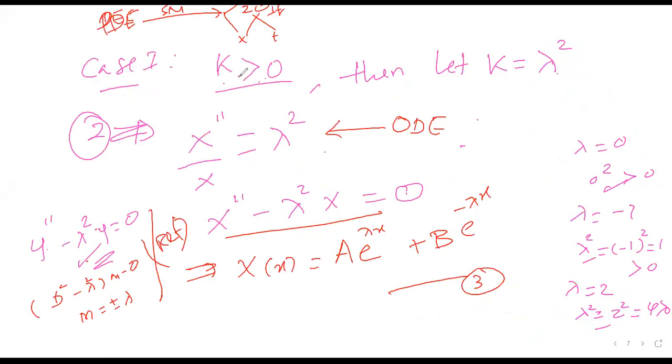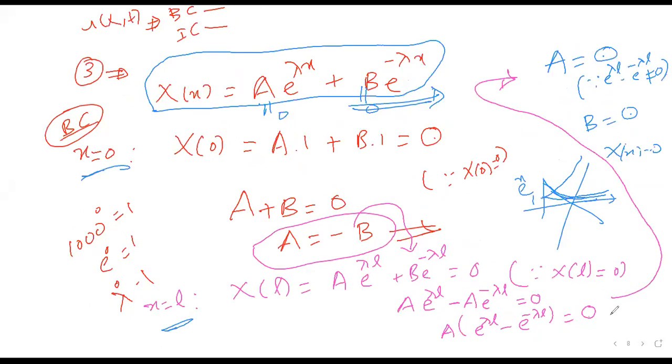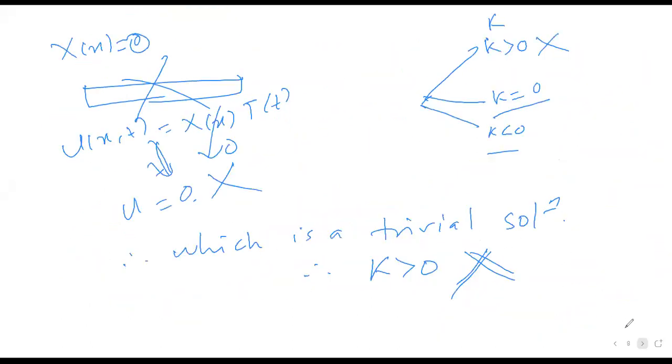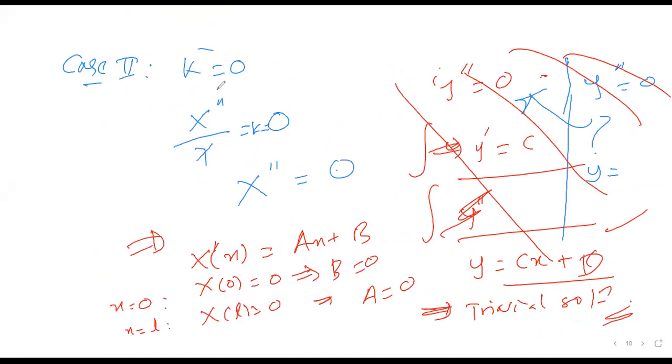I analyzed k greater than 0 and found using the solving method that this is a trivial solution, which means it is not giving any solution. I then went for k equal to 0, and there again I found a trivial solution, so I am omitting this one.